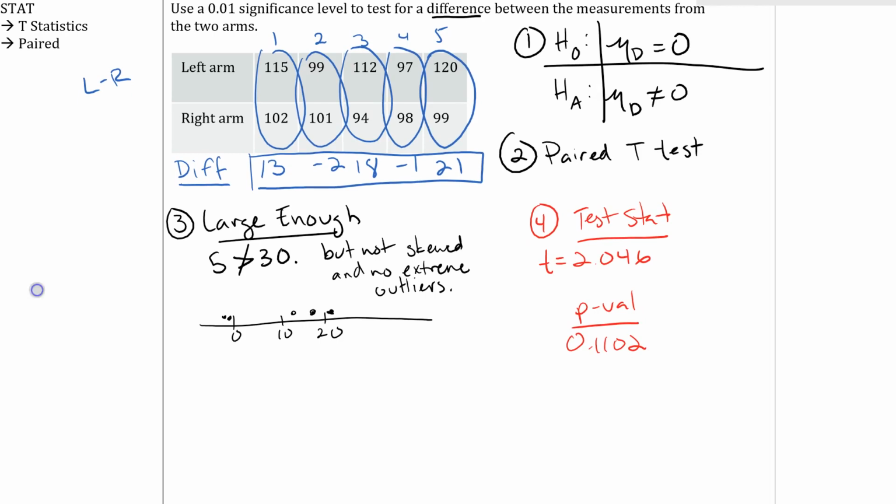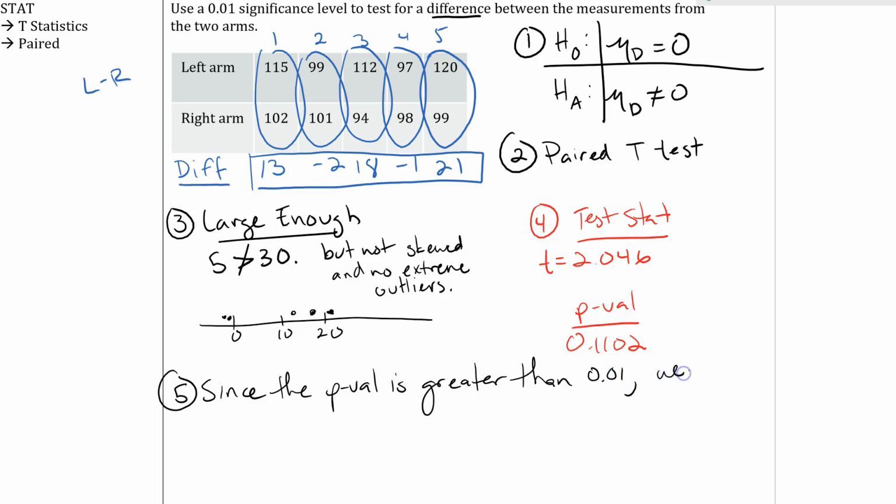Finally, we can write our conclusion based off of this. It says we're going to use an alpha of 0.01. And clearly, 0.1102 is not less than that. So our last step, since the p-value is greater than 0.01, we fail to reject H0.